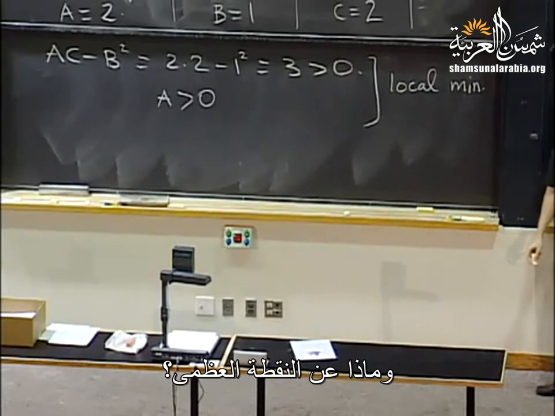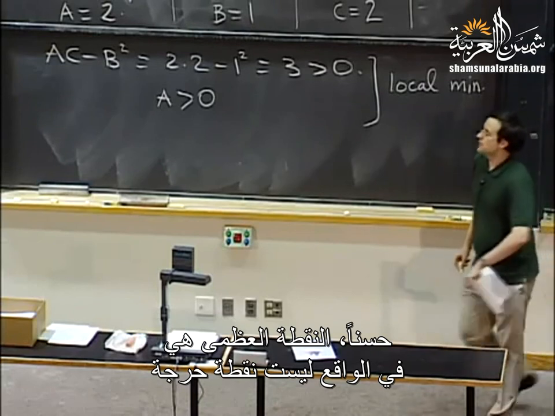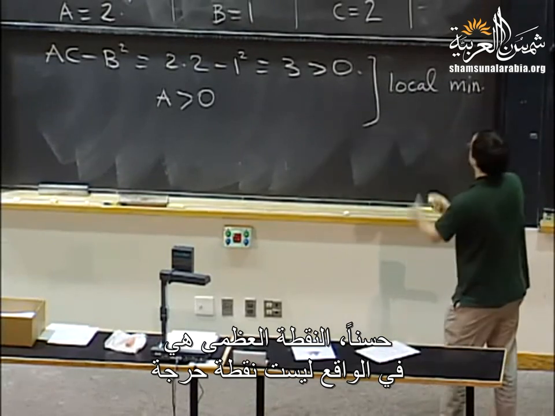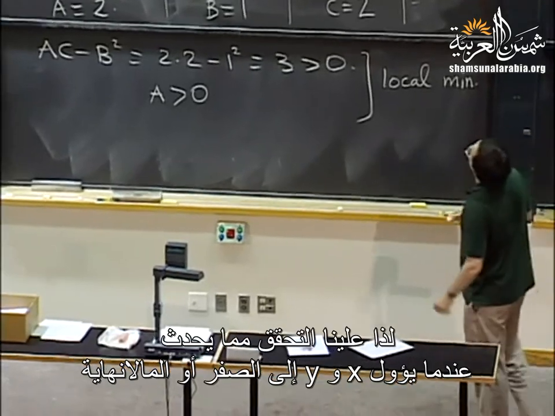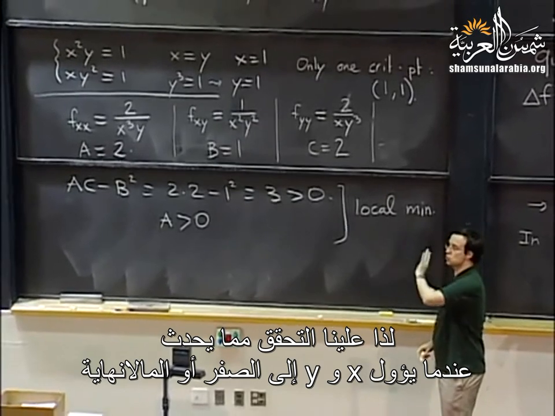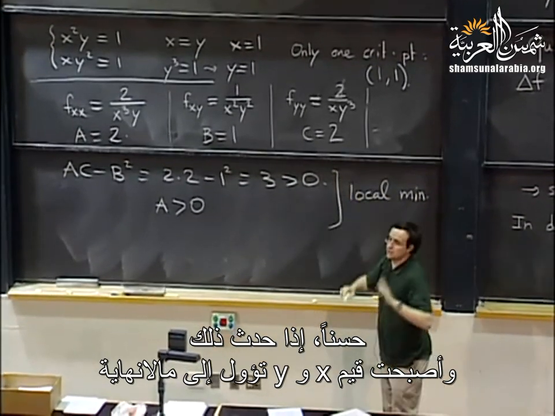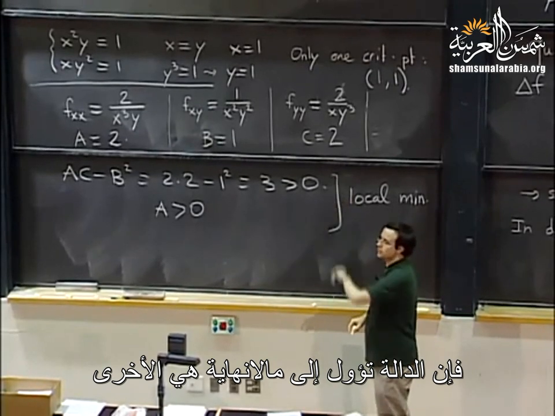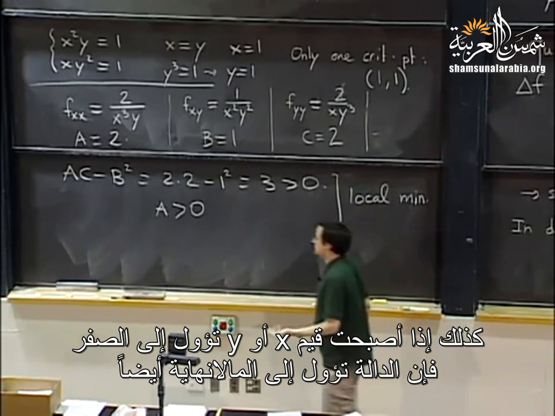What about the maximum? Well, the maximum is not actually at a critical point. It's on the boundary or at infinity. So we have to check what happens when x and y go to 0 or go to infinity. If x or y goes to infinity, then the function goes to infinity. Also, if x or y goes to 0, then 1 over xy goes to infinity.